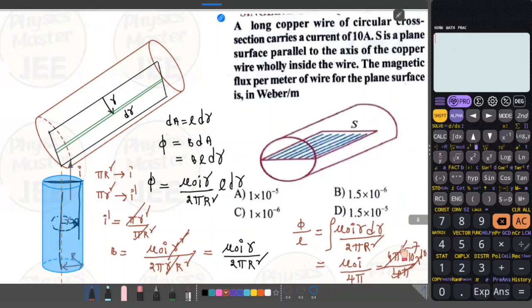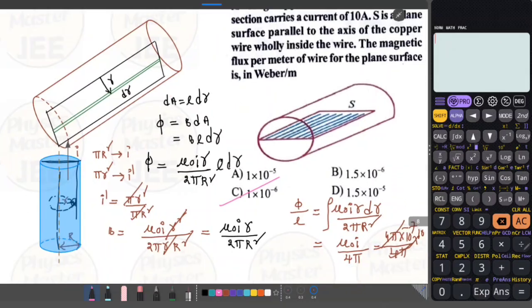So 10⁻⁷ into 10, you will get option C. Option C is the answer for this.